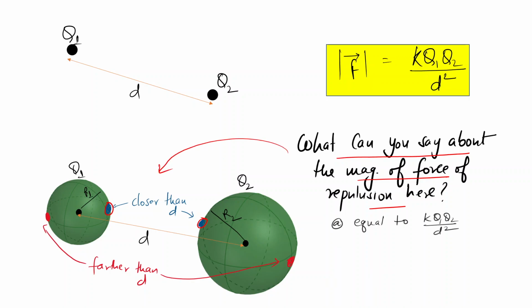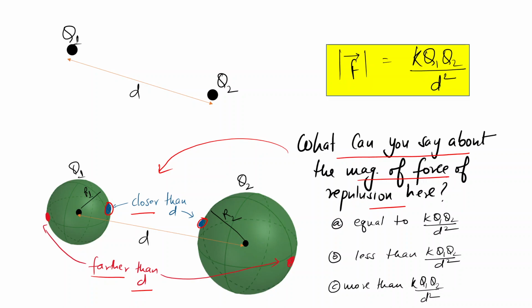Would it still be kq1q2 by d square? The closeness of charges like here and the charges getting farther than d, all this effect will cancel out, and we will still get the force of repulsion to be kq1q2 by d square, or it would be less than that, or it will be more than that.